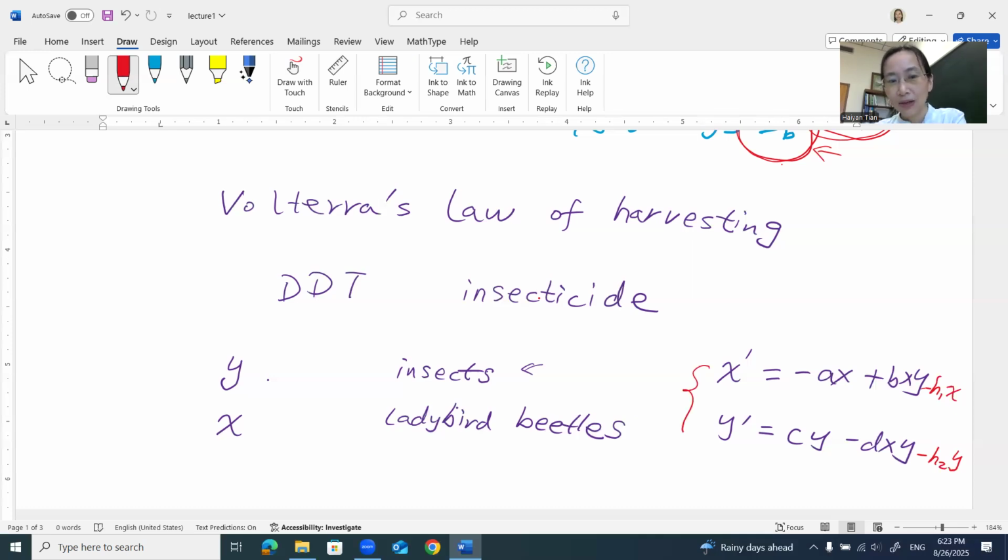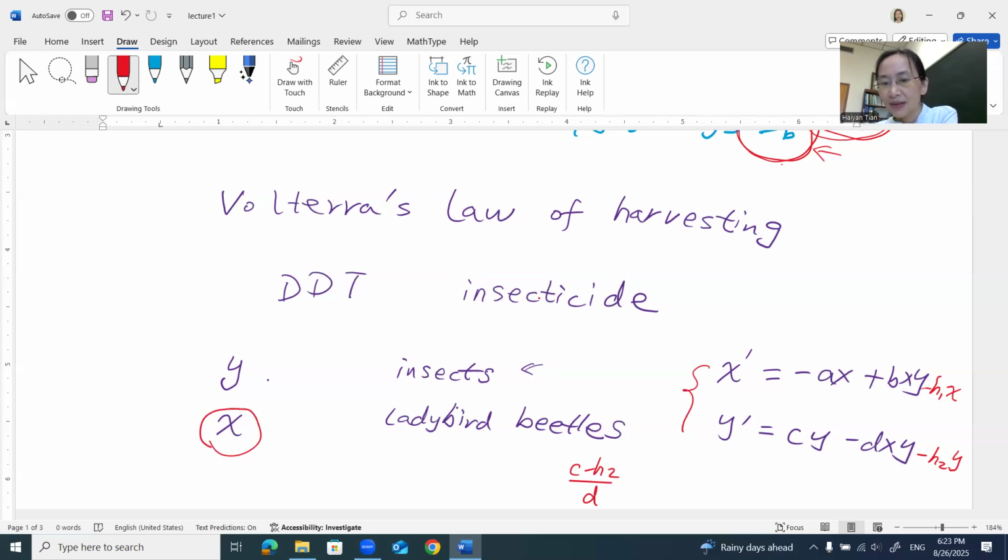So we apply Volterra's law of harvesting, we will see the average population of this predator, which is ladybird beetles who eat insects, that will decrease, and the average population will become less.